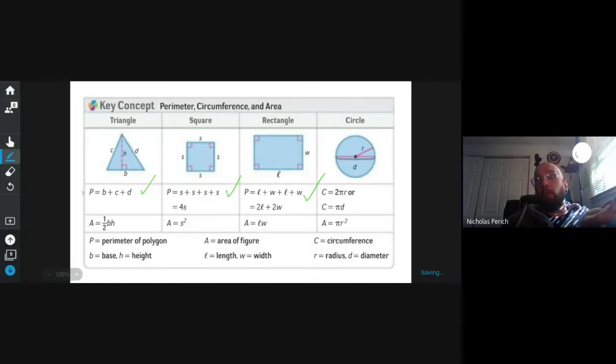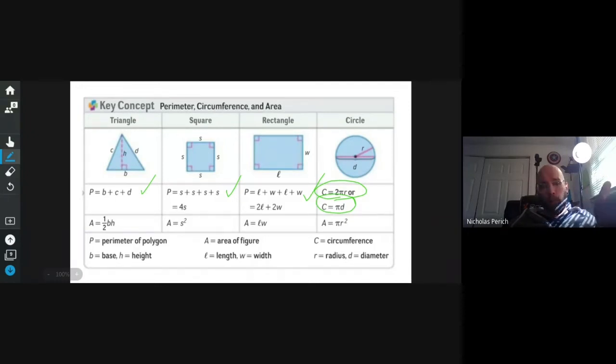The only thing that's kind of different is they call perimeter in math circumference, and you either use 2 pi r or pi d. Again, these are equations that I really think you should memorize. It's stuff you should feel comfortable knowing and doing.